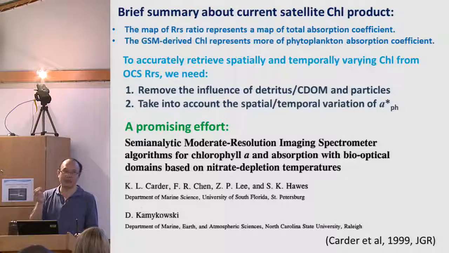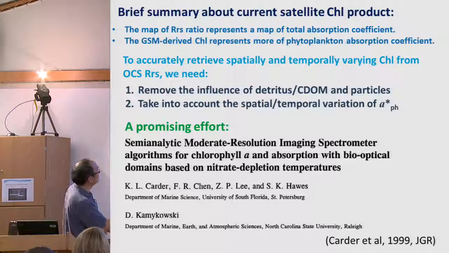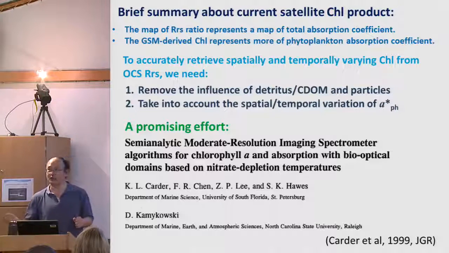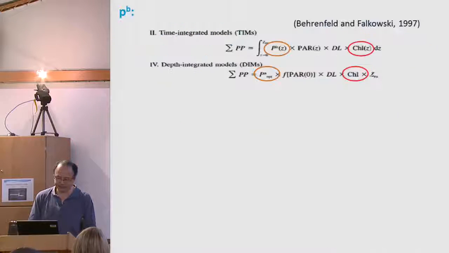Nutrient is a big factor affecting aph star. One practice, about 15, 16 years ago, was Carter, who tried to use temperature and nutrient to get some estimation of aph star. So to really get chlorophyll, as we did, we need to remove the sediment. Also, we need to have a good handle on aph star, the chlorophyll specific absorption coefficient.